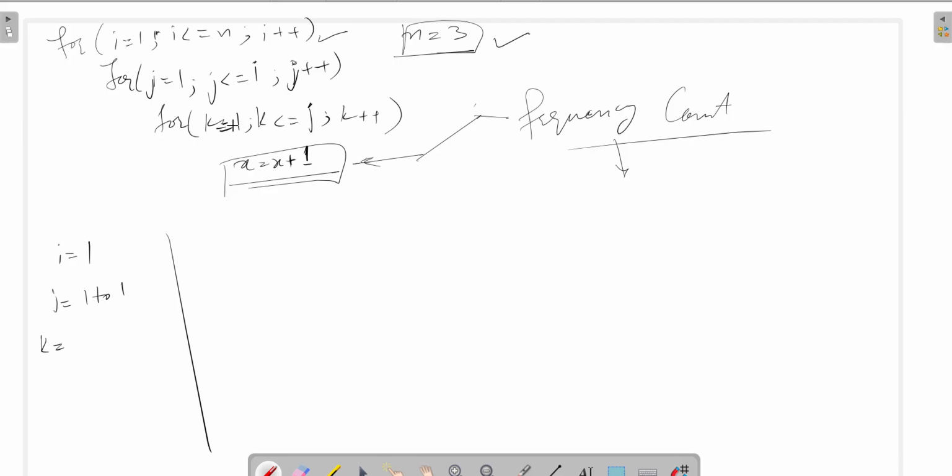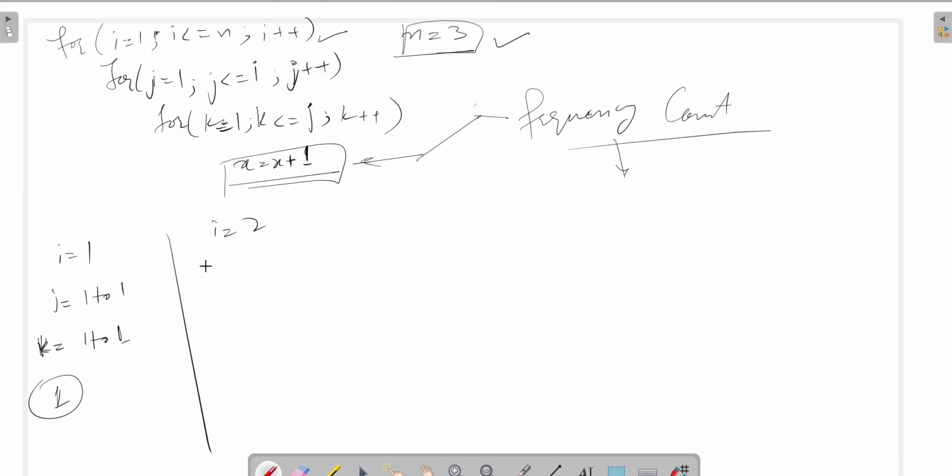Well, k also goes from 1 to the value of j. And what is the value of j? It's 1. So it would also go from 1 to 1. So in total this loop would run one time, and that also means this statement would run one time when i is equal to 1.